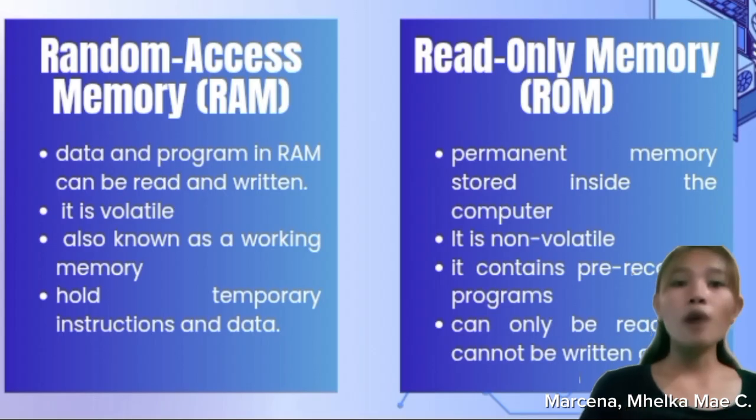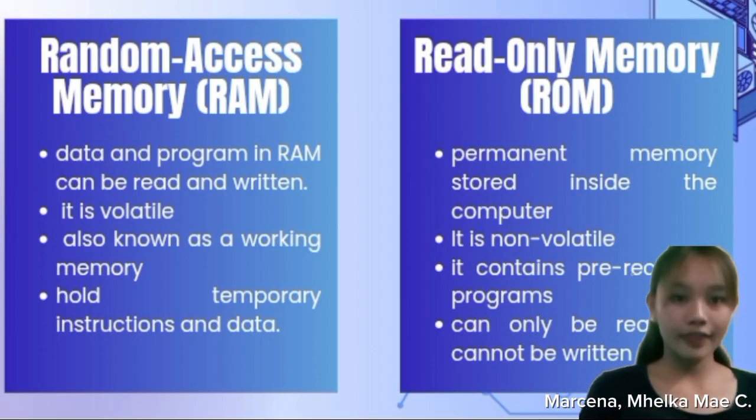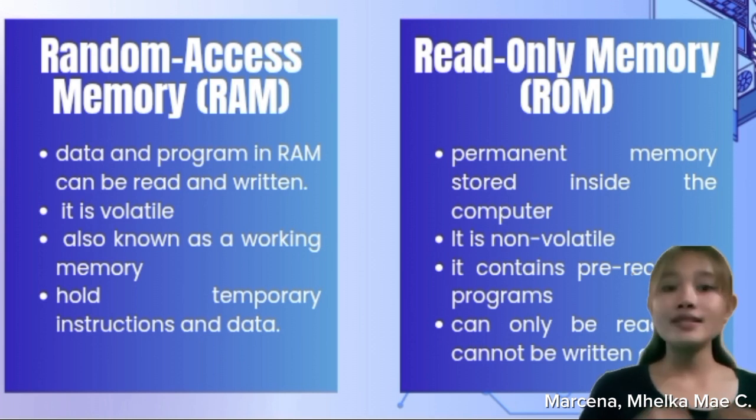Unlike RAM, ROM can only be read. You cannot modify or delete its content. Think of ROM as a recipe book with instructions written by the manufacturer. You can read the instructions, but you cannot rewrite them.